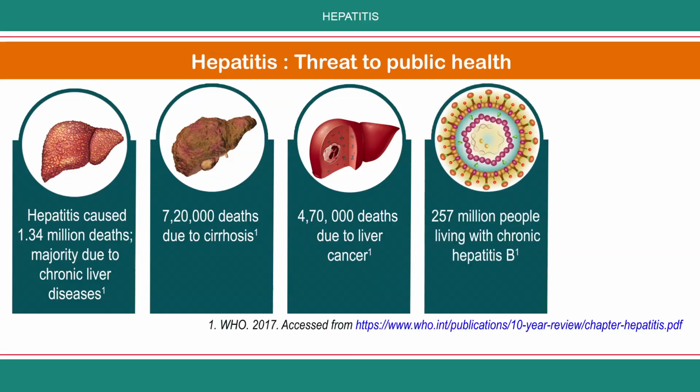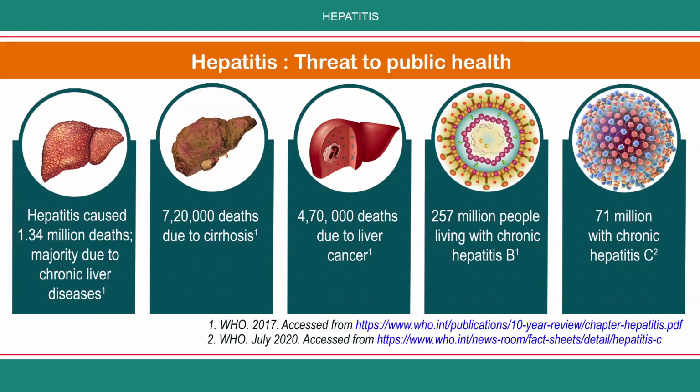Globally in 2015, an estimated 257 million people were living with chronic hepatitis B viral infection. So you can imagine the volume of disease load in the society. And 71 million people had chronic hepatitis C viral infection. India lies fortunately in the intermediate zone and not in the high zone for hepatitis B.